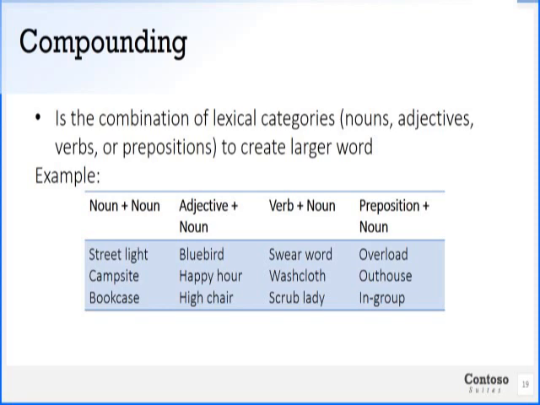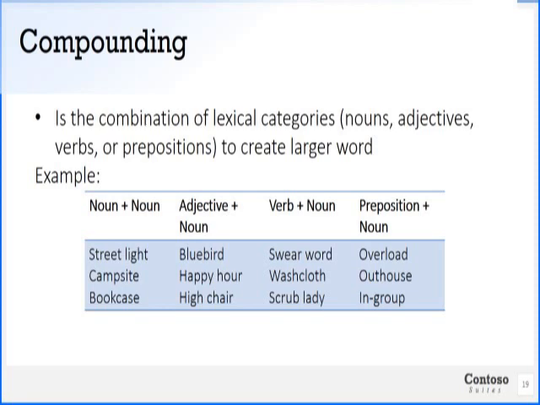Street is noun, light is noun, and it is combined to become street light. Camp is noun, site is noun, and it is combined to become campsite. The same with book and case. It is combined to become bookcase. Yeah, this process is called compounding.